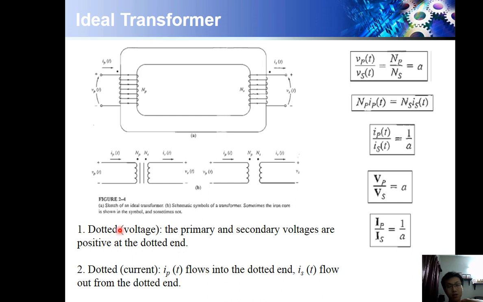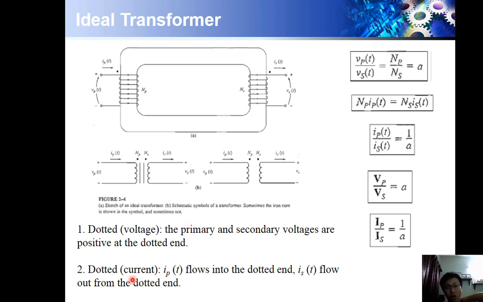The primary and secondary voltages are positive at the dotted end. These are the rules used to define how we make the transformer symbol. So the dot here will be positive for the primary side, and the dot here will be positive for the secondary side.